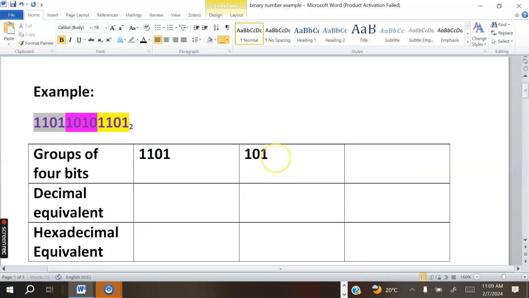Then 2, we have 1010. Then we have 1101. So step number 1, as usual, is to write down the number in groups of 4, which we have already done. The next step is to get its decimal equivalent.